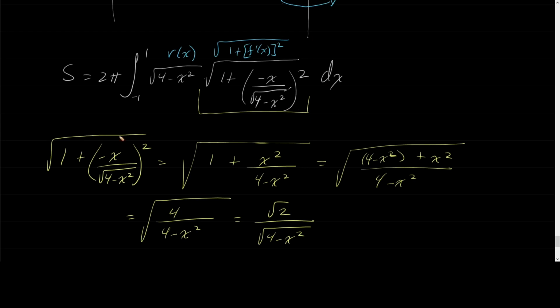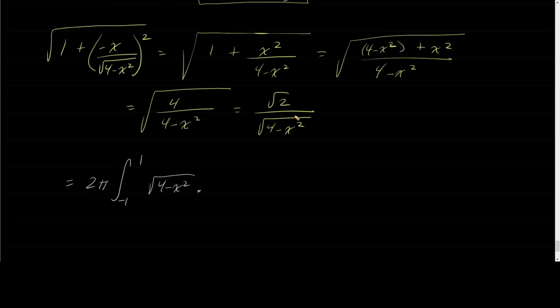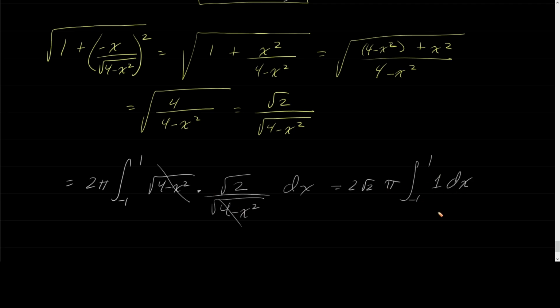And that entire thing, we just found, became this little fraction over here: radical 2 over radical 4 minus x squared dx. So these radicals cancel each other out, and I can pull that radical 2 all the way out. So I have 2 radical 2 pi integral from negative 1 to 1 of 1 dx.